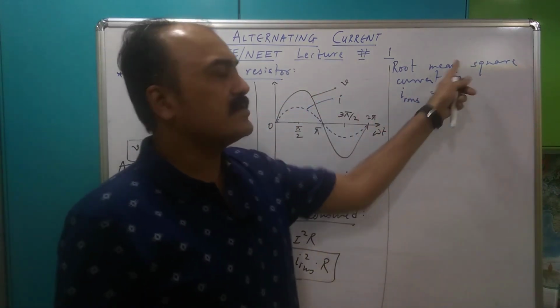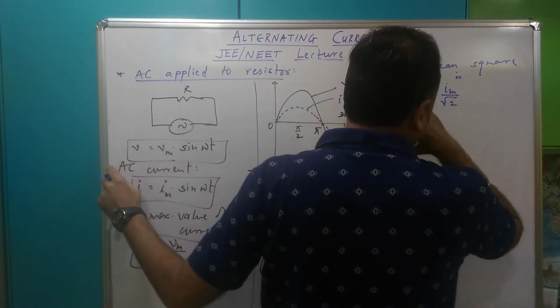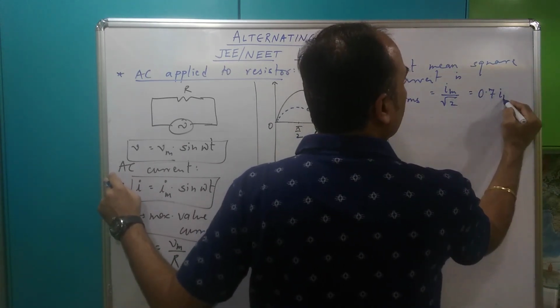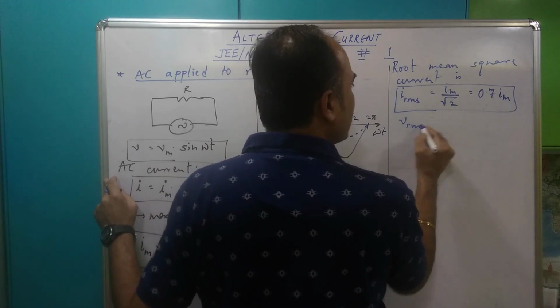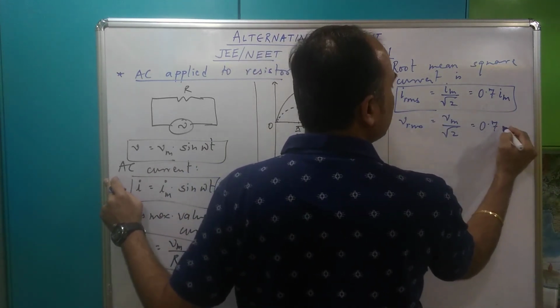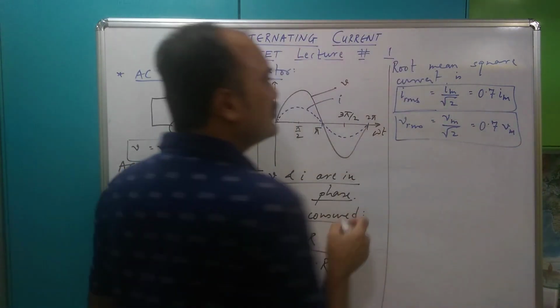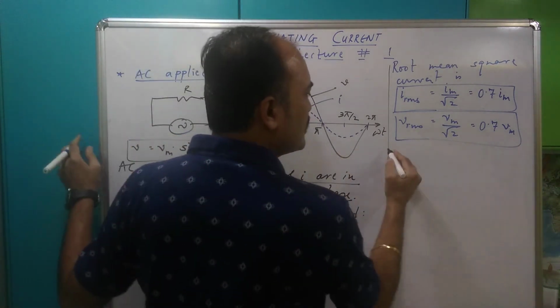So IRMS is Im by root 2, which is 0.707 into Im. Similarly, VRMS is Vm by root 2, which is again 0.707 Vm.